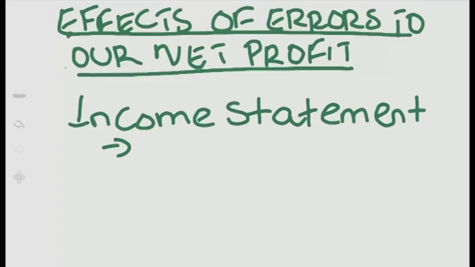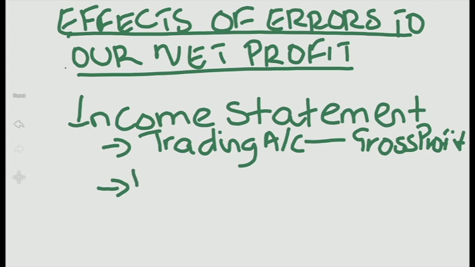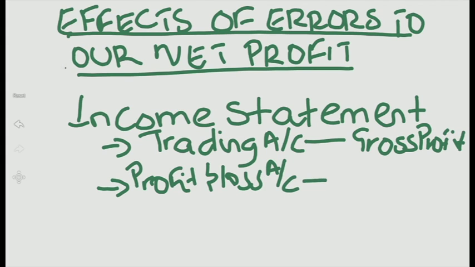Under the income statement, we have got two components, which, when we remind ourselves, are the trading account, where we are trying to get the gross profit, which we can refer to as the GP, and then the second component, the profit and loss account, which we use specifically for our net profit.